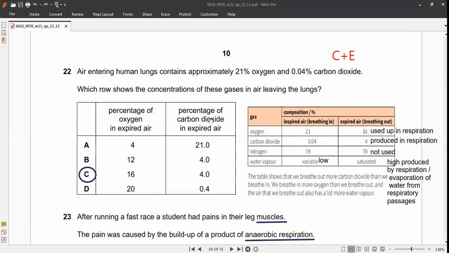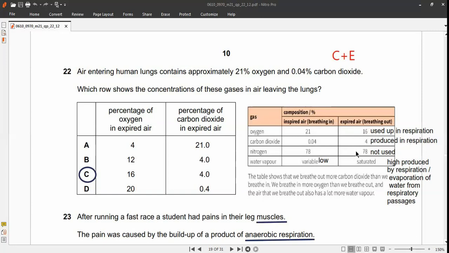Let's see the carbon dioxide. Carbon dioxide is 0.04% in inspired air, and expired air contains 4%. Why? Oxygen breathing in is 21% and expired air breathing out is 16%, because oxygen is used up in respiration. Carbon dioxide increases because it is produced in respiration.